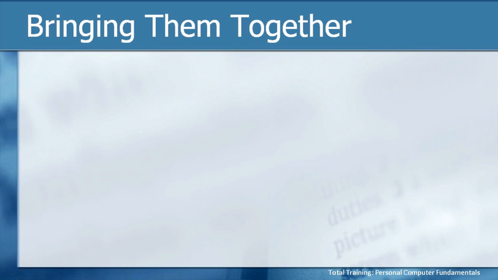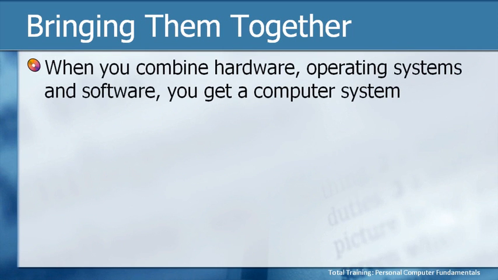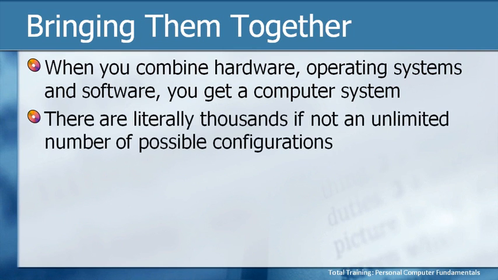So how do we bring all of these concepts together? Well, when you combine hardware, operating systems, and software, that's when you get a computer system that's functional. There are literally thousands, if not an unlimited number of possible configurations of hardware, operating systems, and software. So don't try to memorize it all. The key to all of this is to know what individual components are, know what the commonalities are, and then you can apply them to any unique configuration that you may run into.